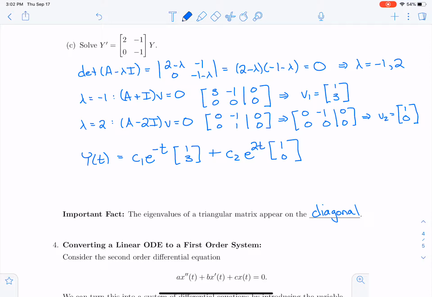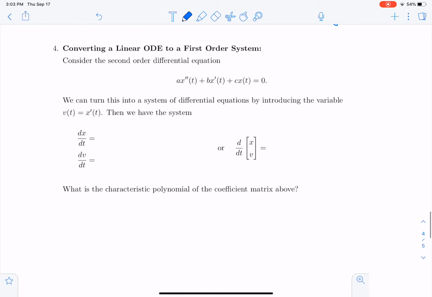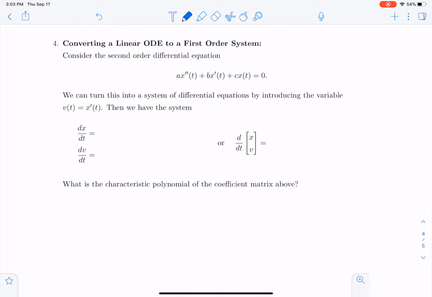Okay, now that we've solved several different examples of linear systems of differential equations, let's see how the theory does connect to second-order differential equations. So we saw before that if we had a second-order differential equation, we could convert that to a system of first-order differential equations by letting dx/dt be the velocity, v.